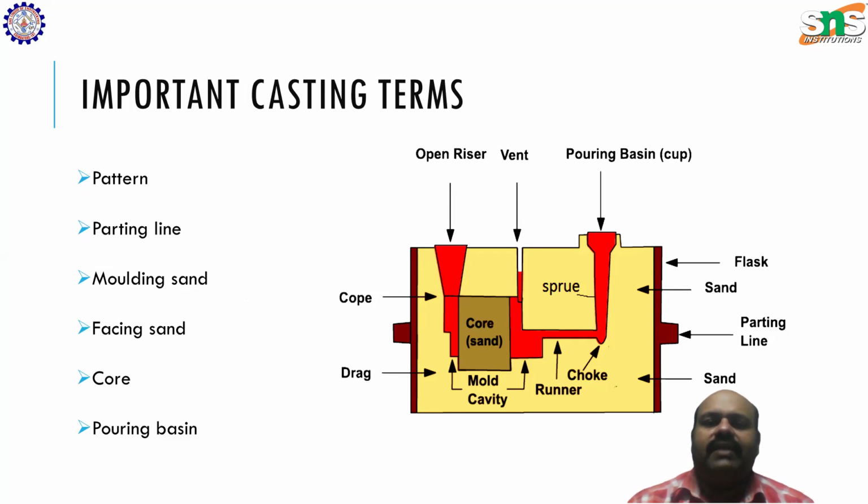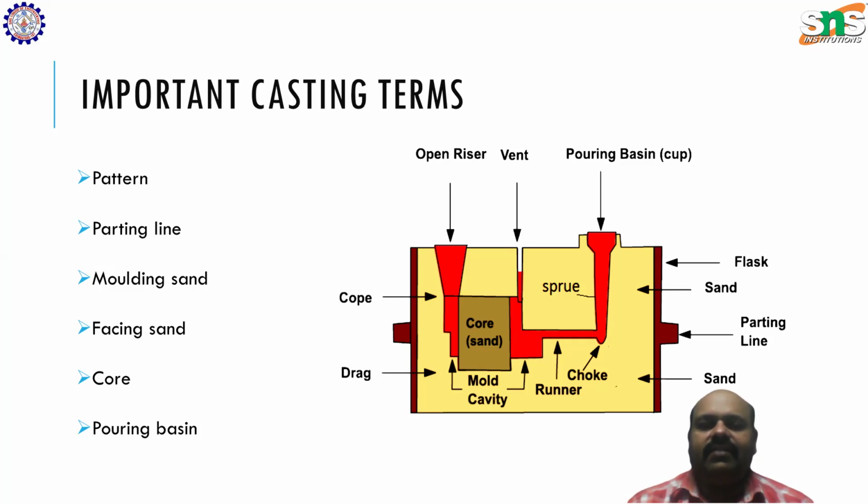It is a cup-like structure where the molten metal is poured into the sprue. Along the sprue, the molten metal rushes to the choke to avoid the effect of turbulence, and the molten metal flows like oil in a tube, and this goes to the mold cavity.